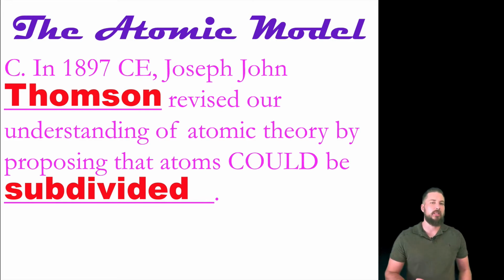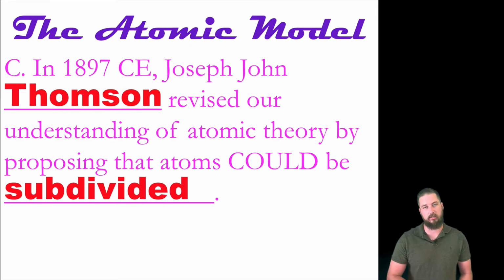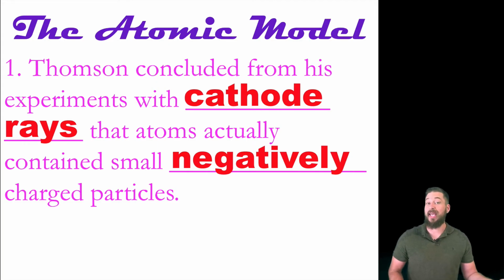And by doing this is how we know that Dalton's first postulate was incorrect. He said that atoms could not be divided, but they actually can be divided because of the existence of the electron. Thompson concluded from his experiments with cathode ray tubes that atoms actually contain a negative charged particle, which we will talk about later on as the electron.